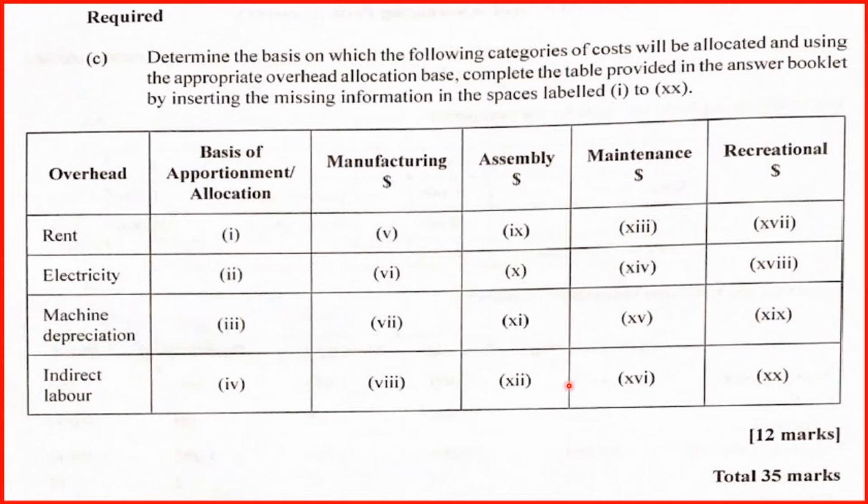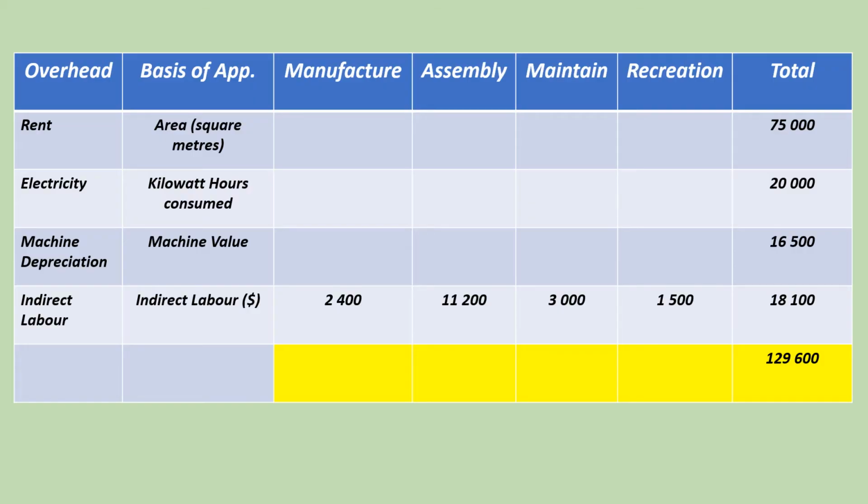Now I didn't have a table on the paper, so I prepared one, and this is what you should have look like. Notice at the top: available overhead, basis of apportionment, manufacture, assembly, maintenance, recreation, and the total.